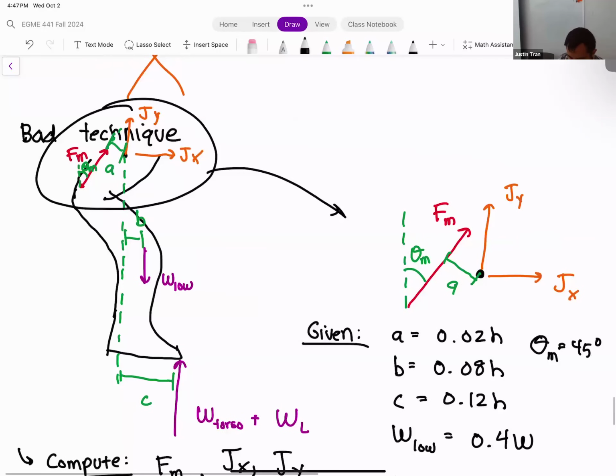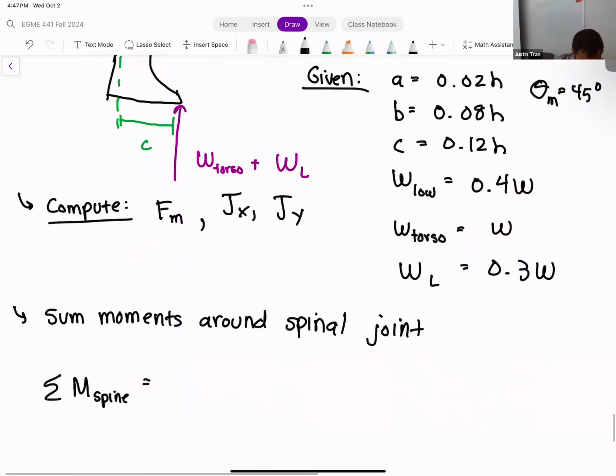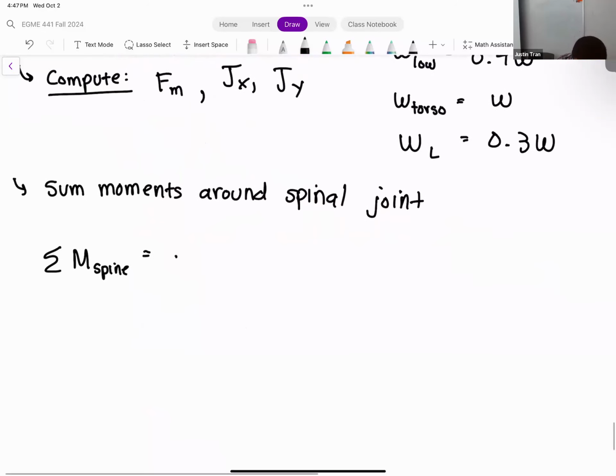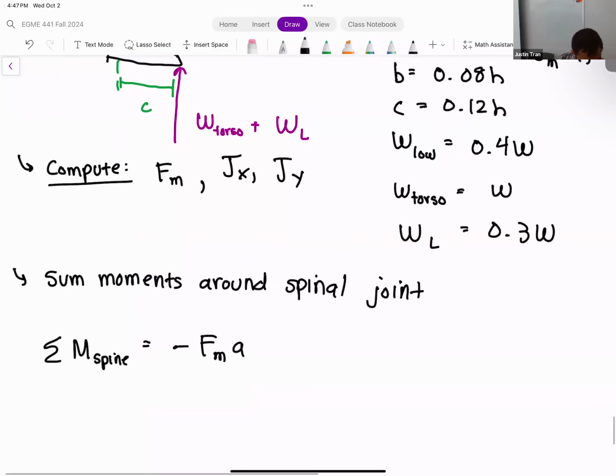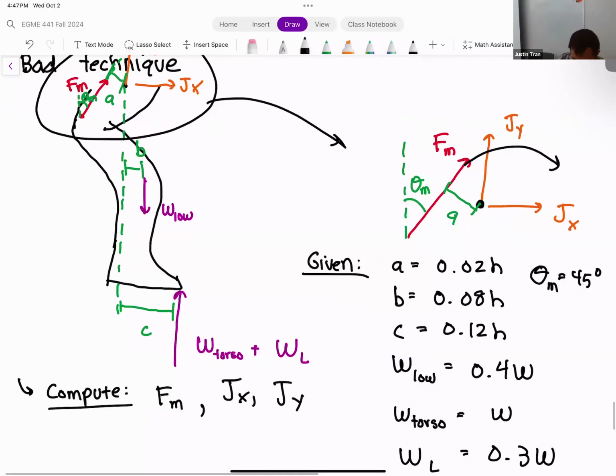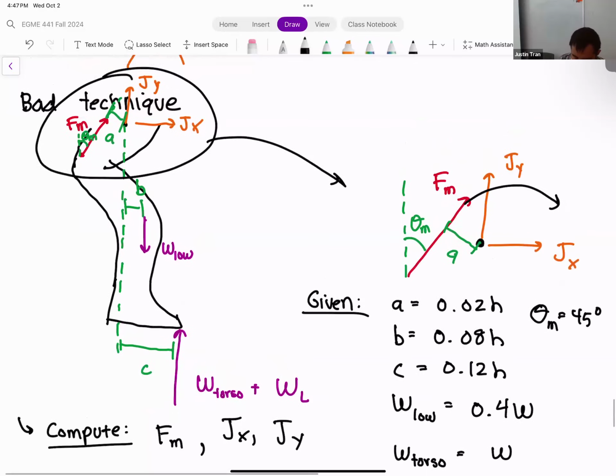Let's start with Fm. Fm is going to rotate clockwise around the joint, so it's going to be a minus Fm times A. Next, we have the weight of the leg, or the lower extremity.